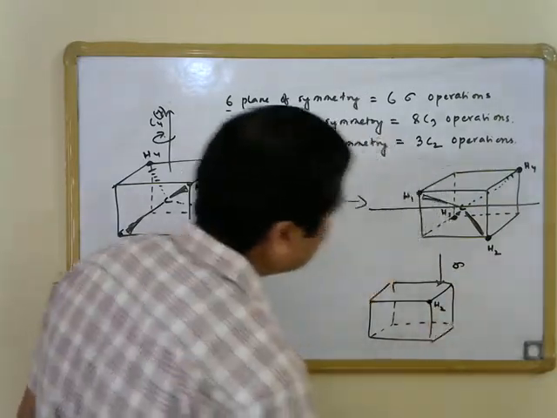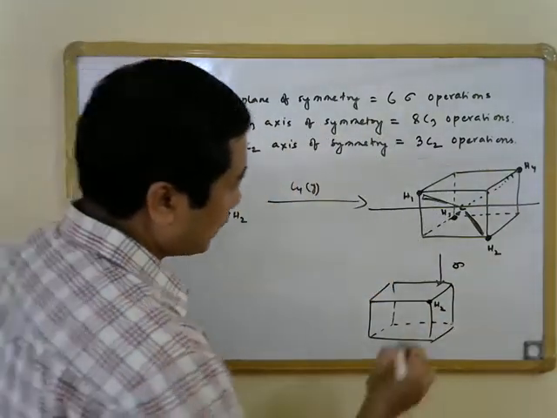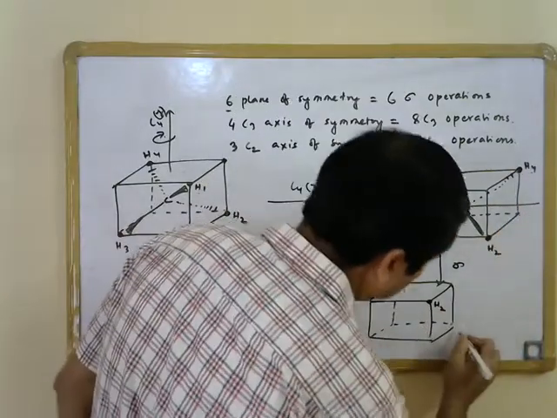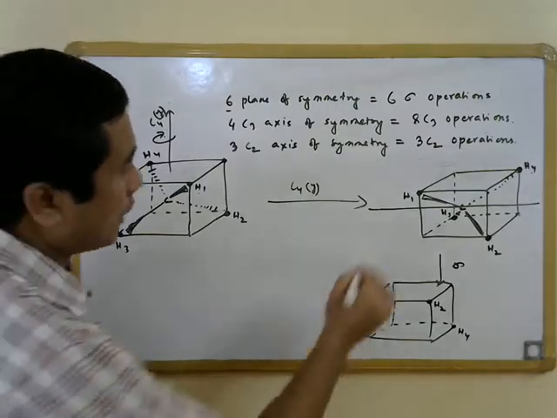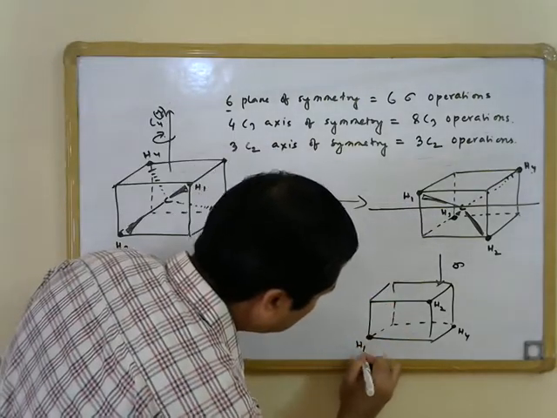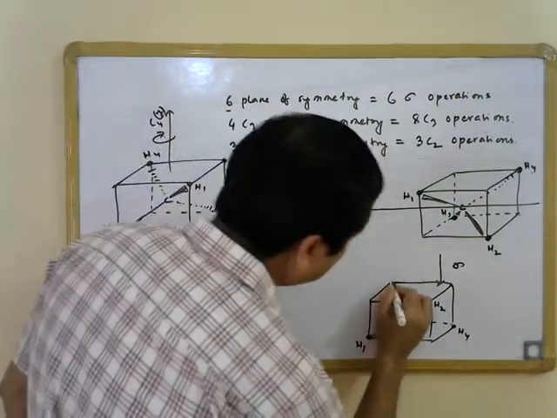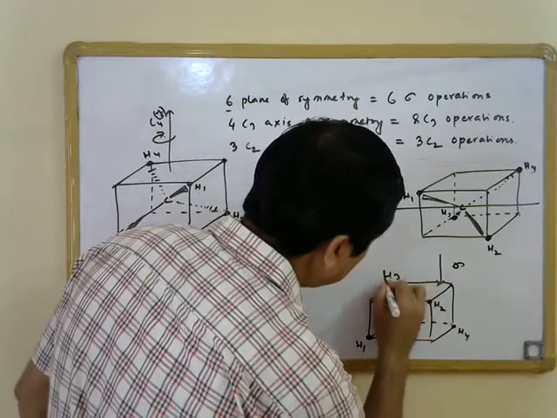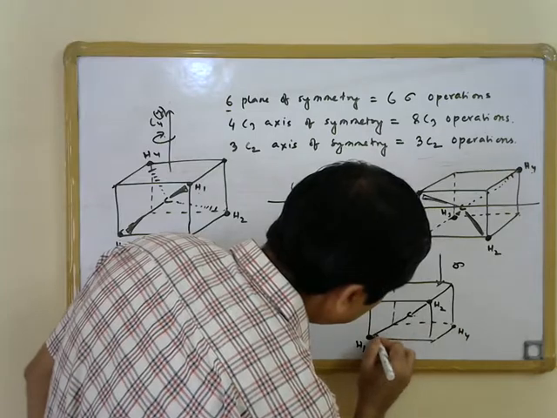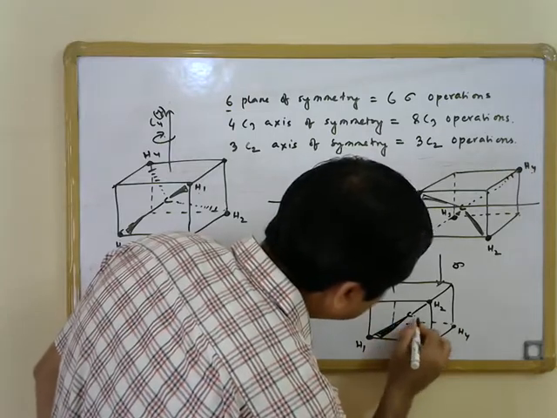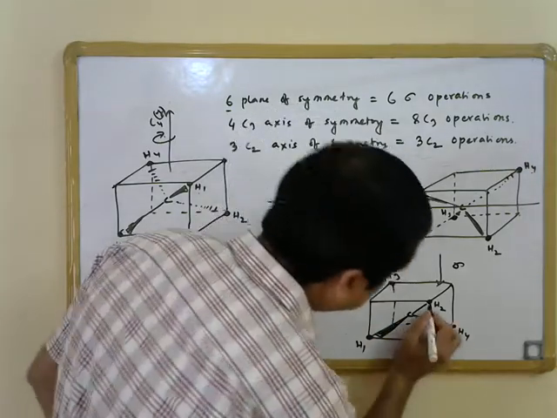This is H2. And then H4, which was here, will reach here. After doing reflection, H1 will be here, and H3 will be here. So let us place the carbon atom. It does not change position because it lies on the plane itself.